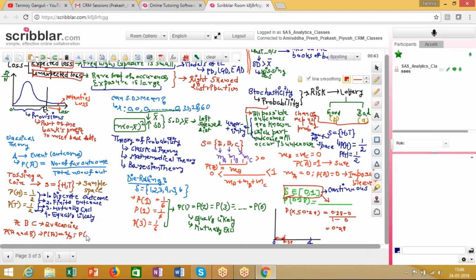That of candidate B is say 1/6, right? And that of candidate C is 1/6.